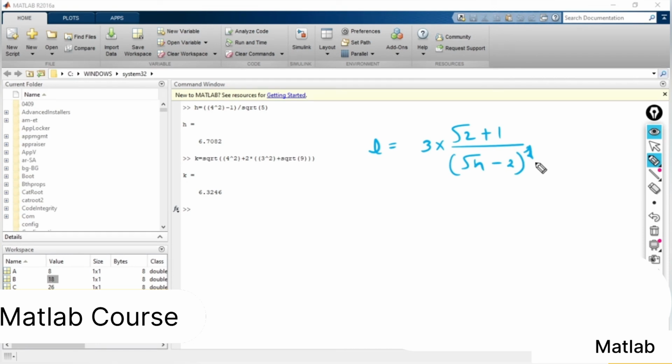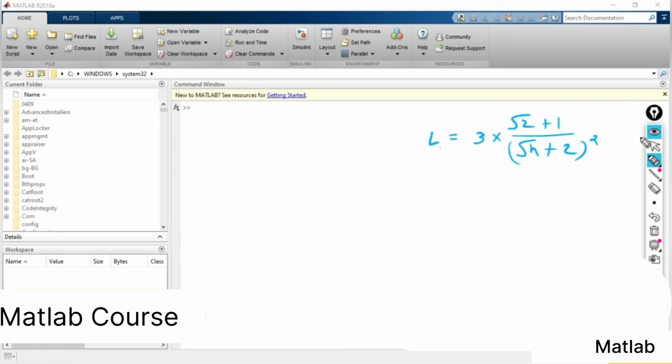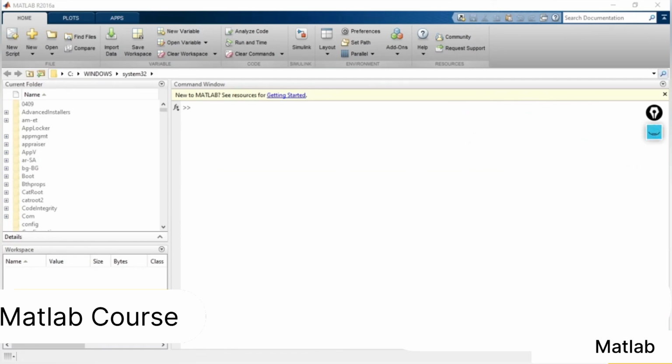So after watching this video, it is advisable to have some hands-on practice in MATLAB, and I will provide you several equations for that. Until then, let's keep this equation in mind.